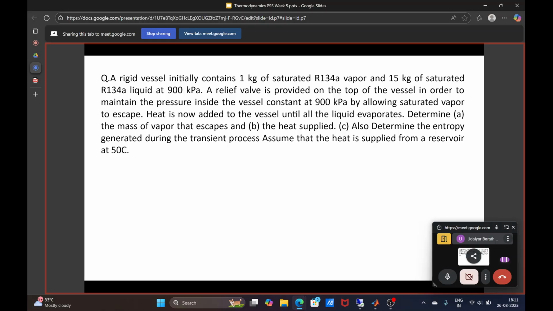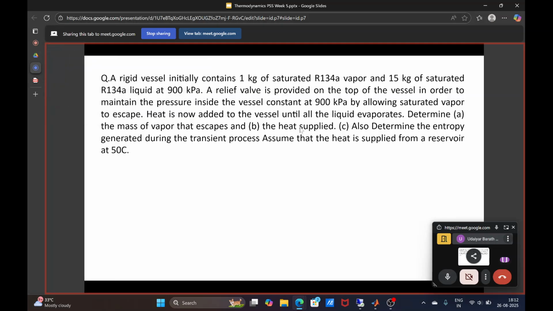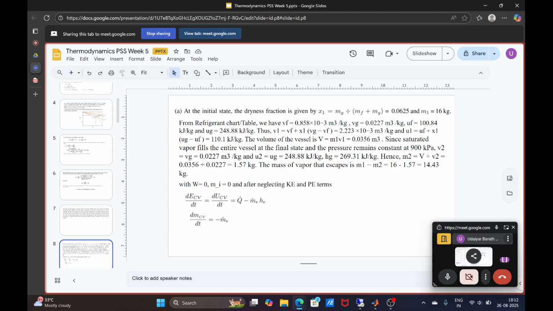Heat is now added to the vessel until all the liquid evaporates. Determine A, the mass of vapor that escapes, and B, the heat supply. Part C is not required, we will solve A and B.